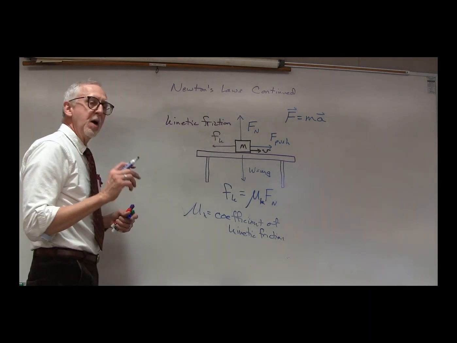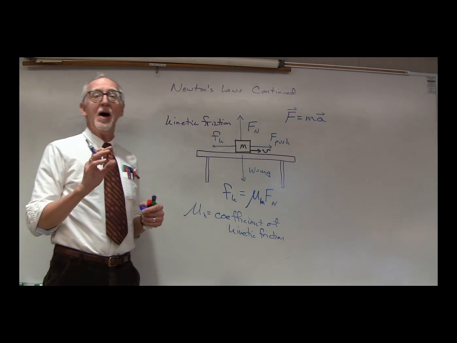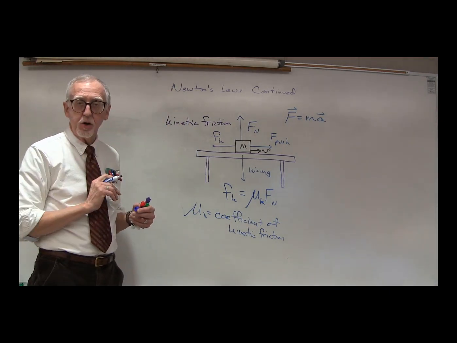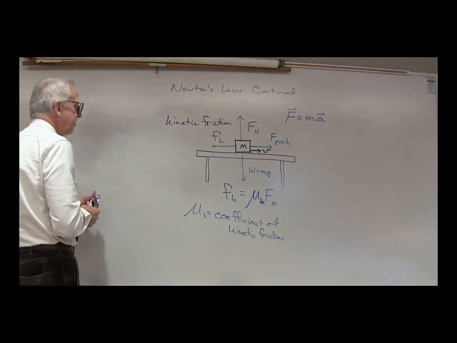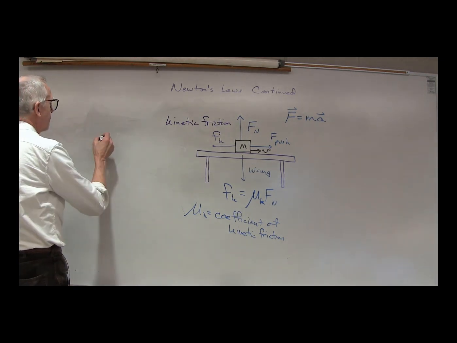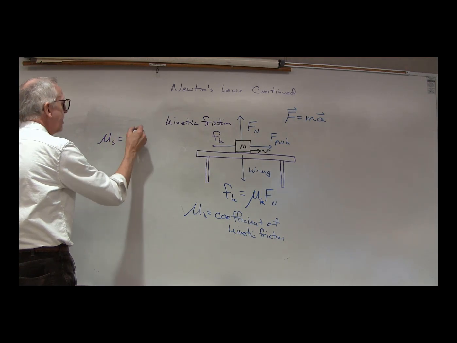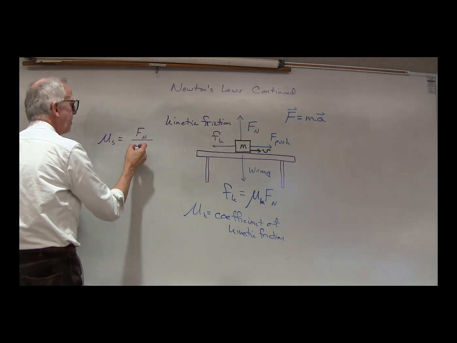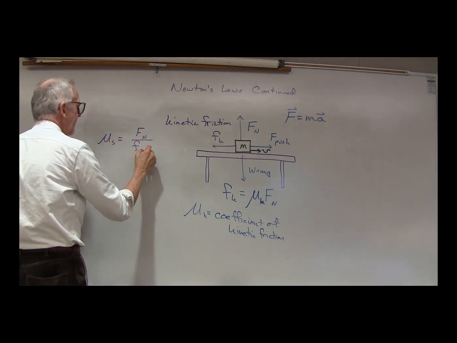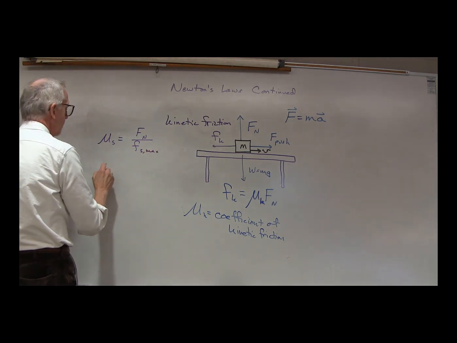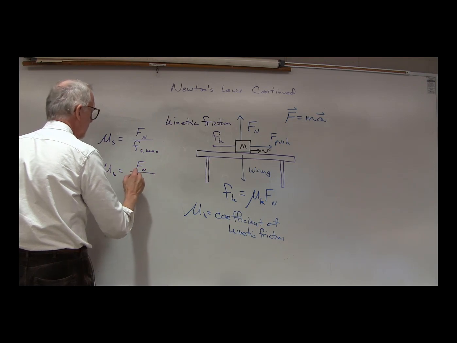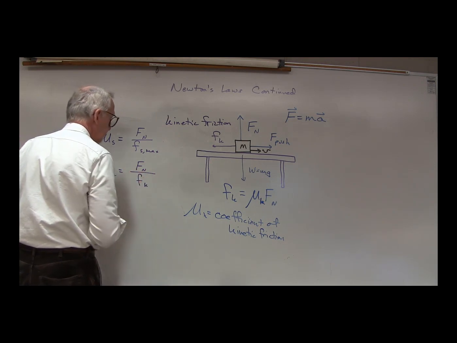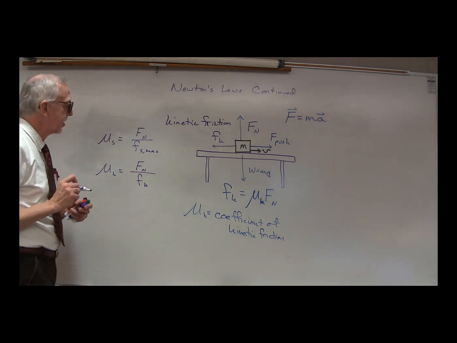Okay, very good. An important point about the coefficient of static friction and the coefficient of kinetic friction. Notice we could write that the coefficient of static friction is equal to Fs max divided by the normal force, while the coefficient of kinetic friction is equal to the kinetic frictional force divided by the normal force.